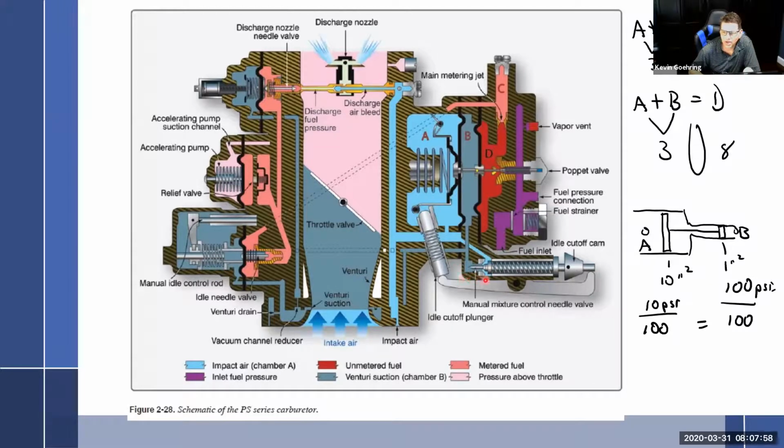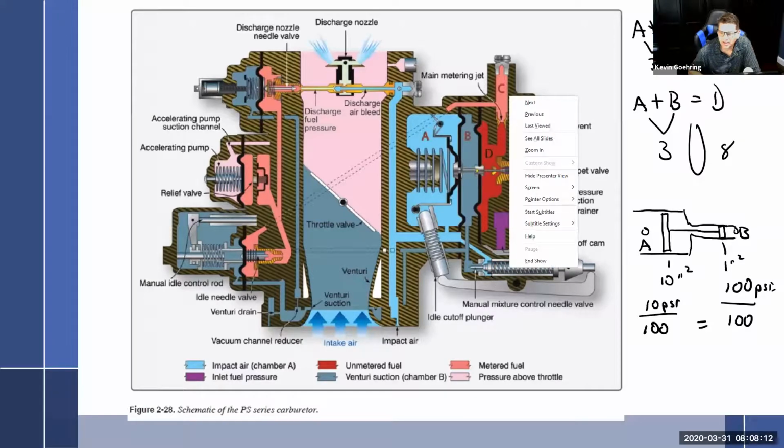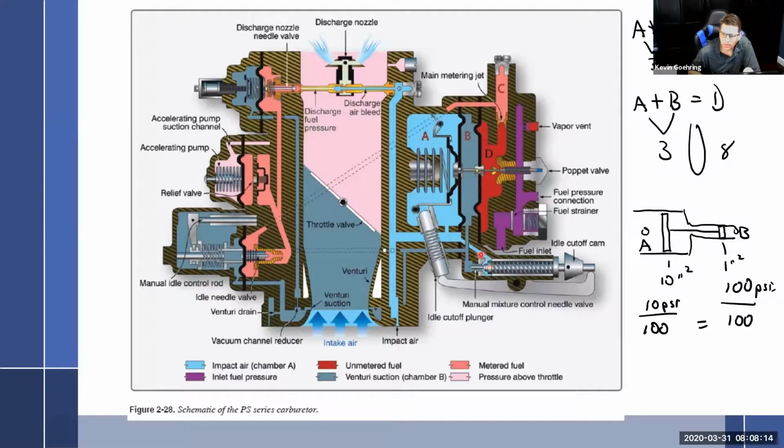So how does the manual mixture control work? Well, if it's all the way forward, we can see that the impact air comes through, and if it's blocked, it's not going to go anywhere. But as I pull the manual mixture control back, it's going to open this needle, which allows the impact air to vent into here and go into the venturi suction in this way. So it bleeds off this way.